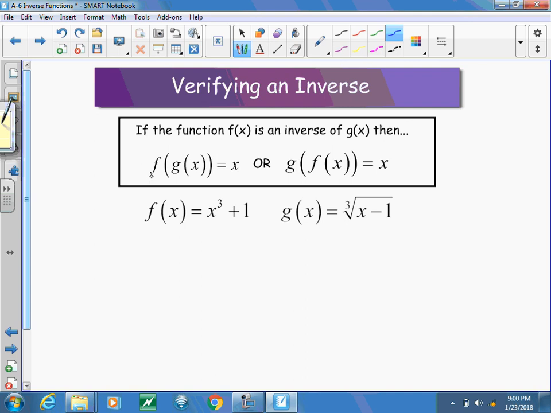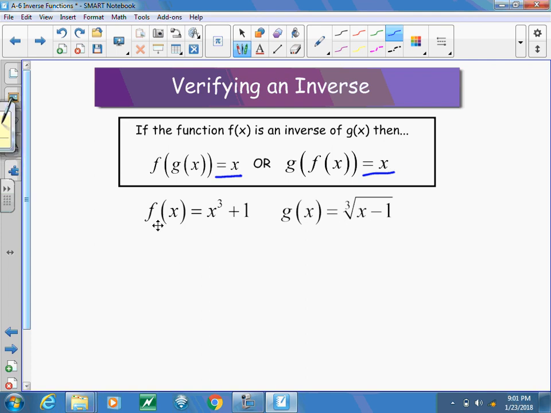So what we can do here is, if the composition of f of g of x equals x, or vice versa, g of f of x equals x, then you have two inverses that are reflections of each other, and therefore they are inverses of one another.